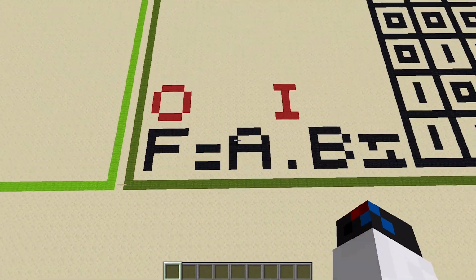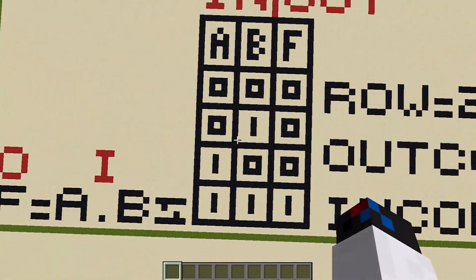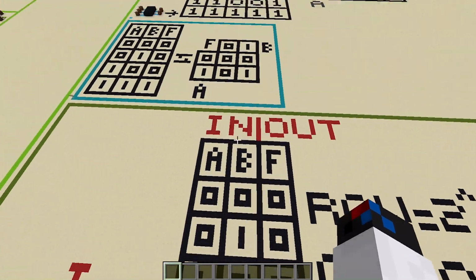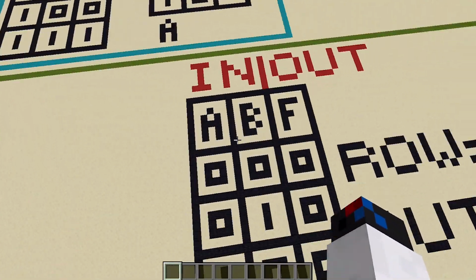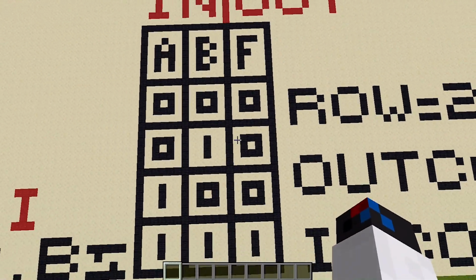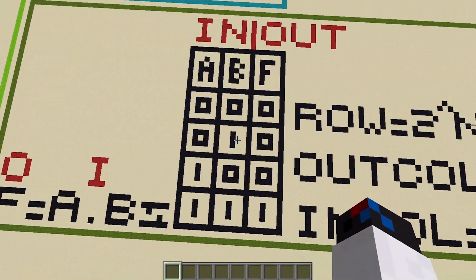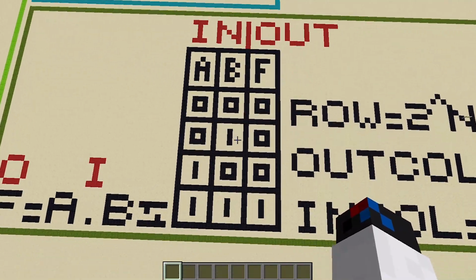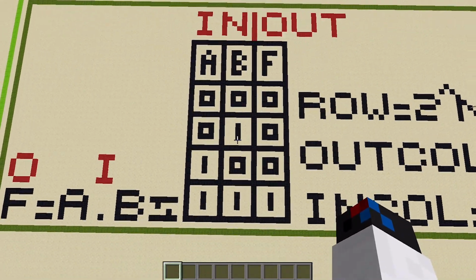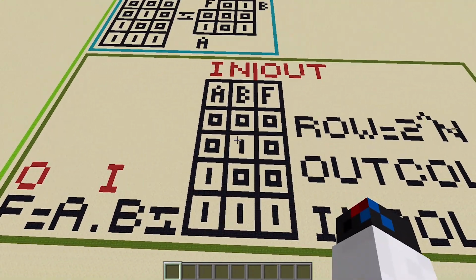So we just AND A and B, and the truth table to describe that is this right here. We have the inputs on the left and the outputs on the right. This is how a truth table is structured, and now I'm going to show you how to make a truth table based on a general problem.